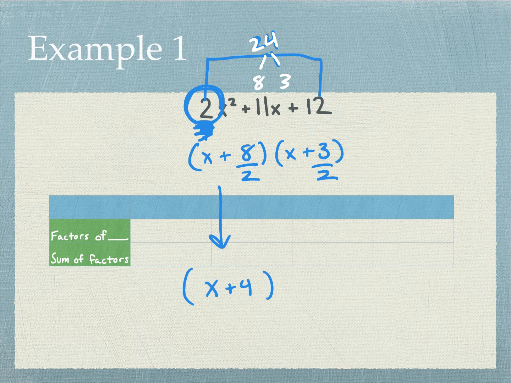Can I divide 3 by 2 and get a whole number? No. So if you can't divide it and it doesn't give you a whole number, you take the 2, the number on the bottom, and you move it right in front of the x. So this becomes 2x plus 3.